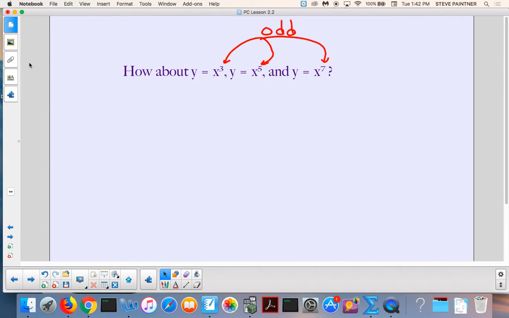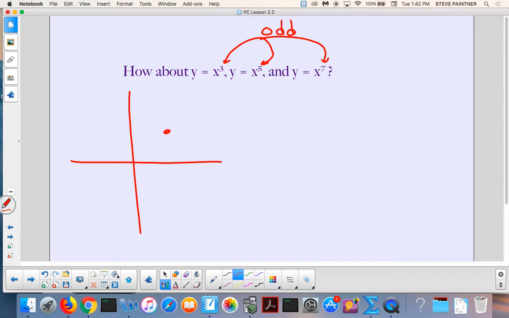Okay, let's go back here. Oh, I didn't say this, but did you notice that this 1, 1 is always the same, and so is -1, -1? So here is x cubed. Here is x to the fifth.